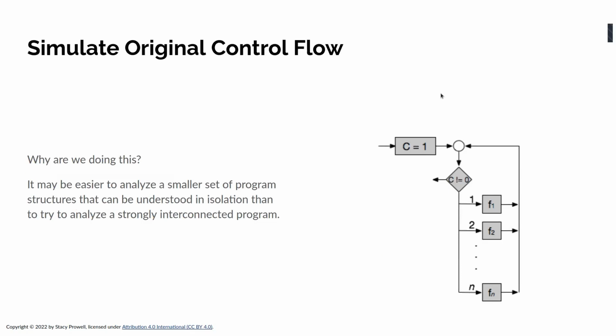And why are we doing this? It's easier to analyze a smaller set of program structures that can be understood in isolation than to try to analyze a strongly interconnected program. It just is. So if I can take a really nasty spaghetti code mess and turn it into a structured program, and I know I have just a small set of structures, I can write an analysis routine for sequences.